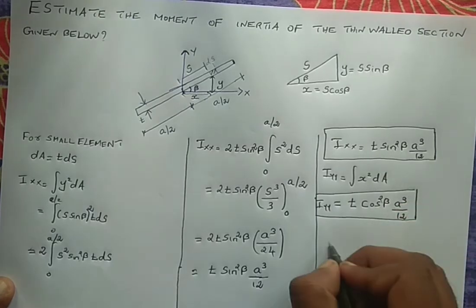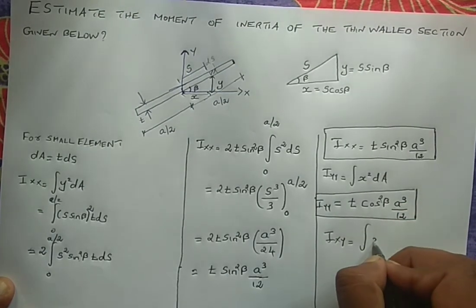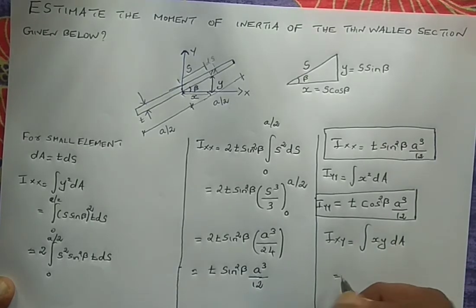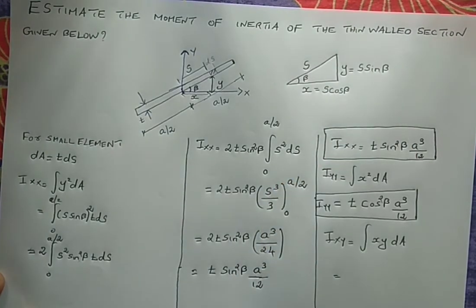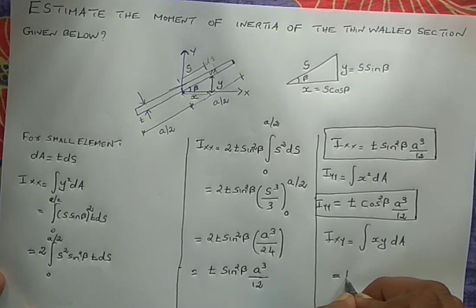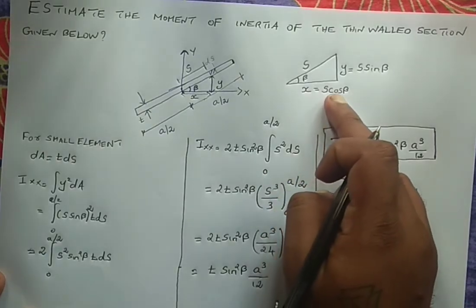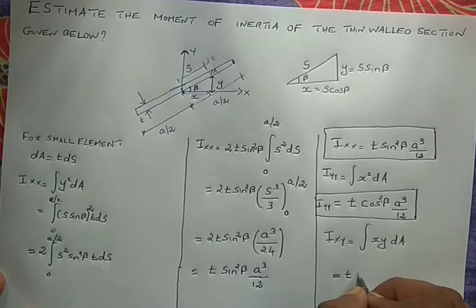What about Ixy? Ixy is equal to the integral of x y dA. You have to substitute the value of x as s cos beta and the value of y as s sin beta, and it is a very simple integration. Finally we get a cos beta sin beta term, and we have a 2 here, so 2 sin beta cos beta will be sin 2 beta.